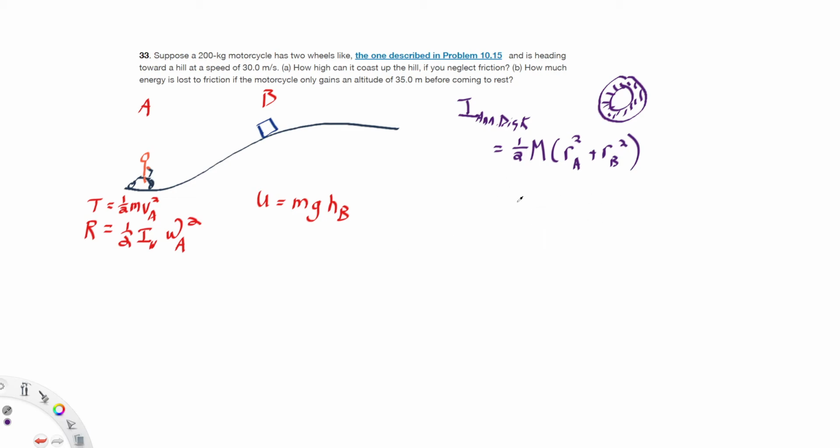We are told in problem 10.15 that the mass of the wheel is 12 kilograms, and that the inner radius of the wheel is 0.28 meters, so 28 centimeters. So 0.28 squared plus, and then the outer is 0.33 squared.